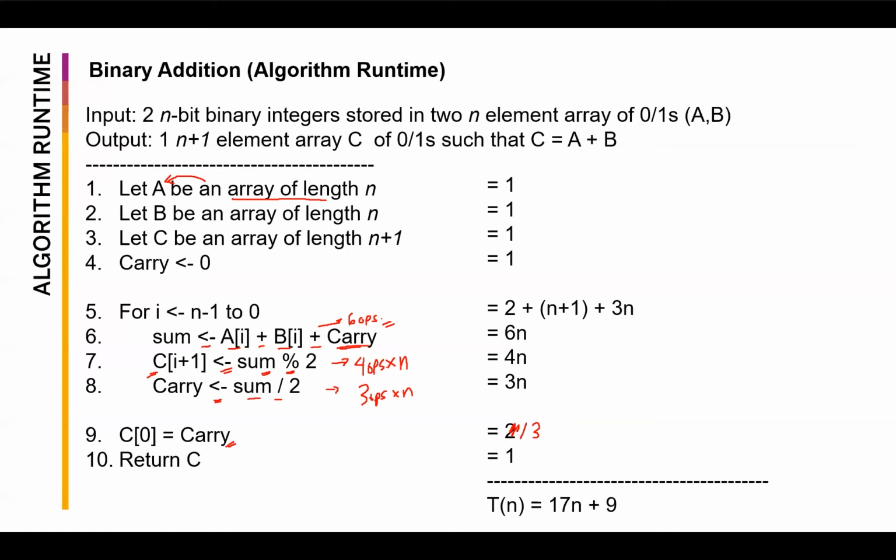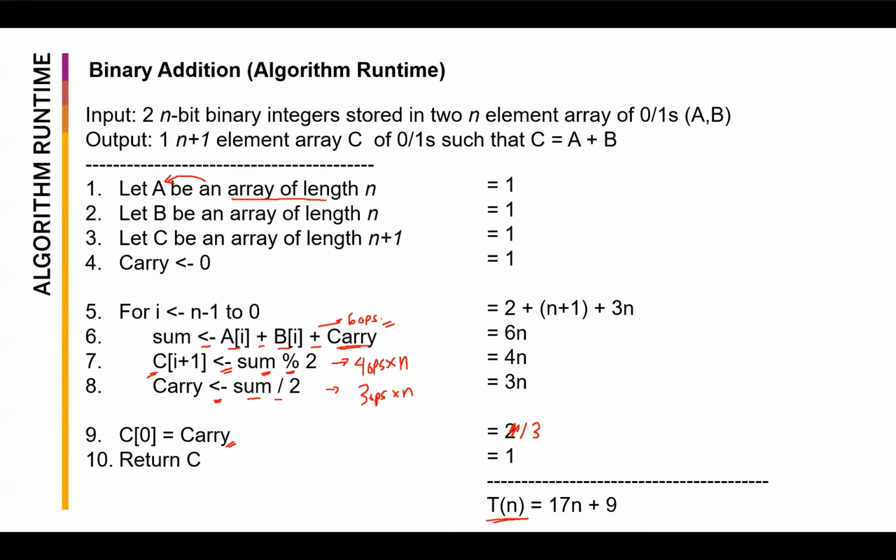Okay. So once we add them, we can see that our algorithm runtime is a function of the input data, the size of the input. So we use T of n as a notation for our runtime.